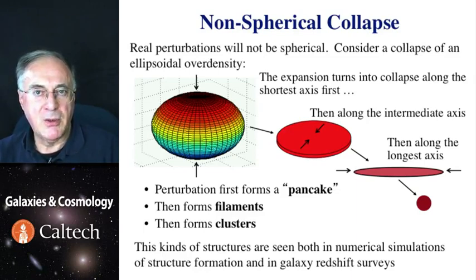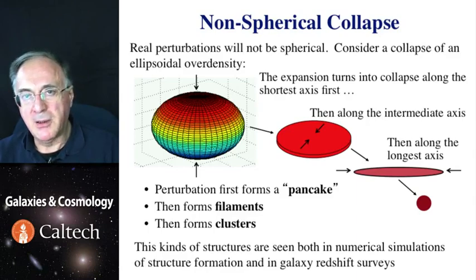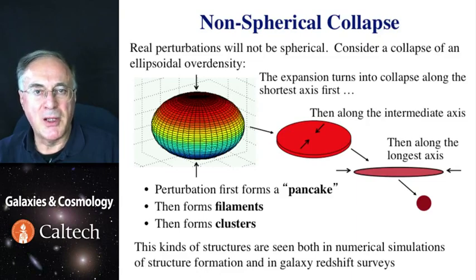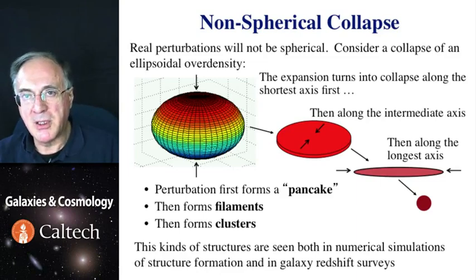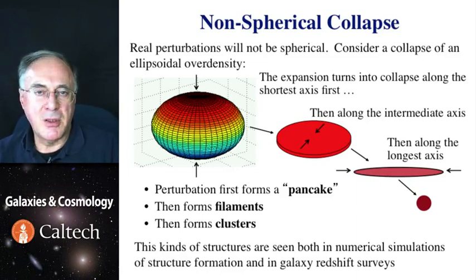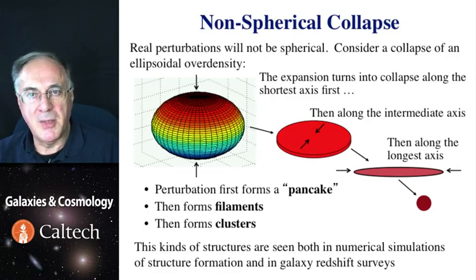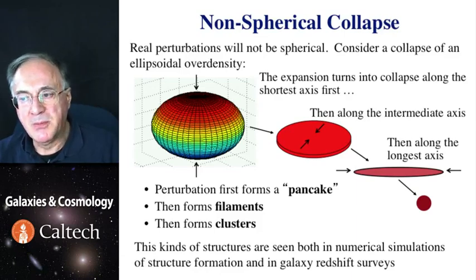So the structure will turn into a filament. Finally, the third axis turns around, and what's really a protocluster collapses along that axis, and it will become, again, a quasi-spherical object in the end. This is the origin of the topology of the large-scale structure, that we see walls and filaments, and they intersect in things which really are clusters, and this is the simple reason why it happens.